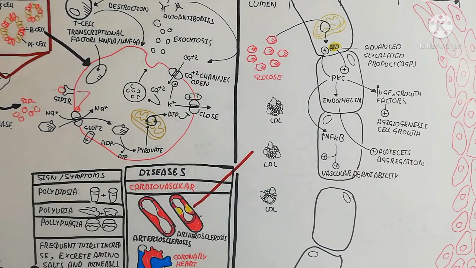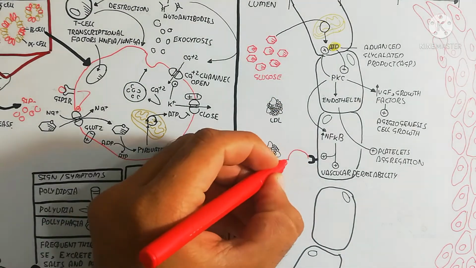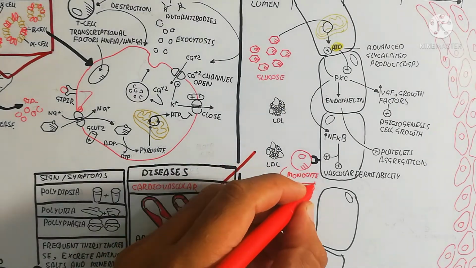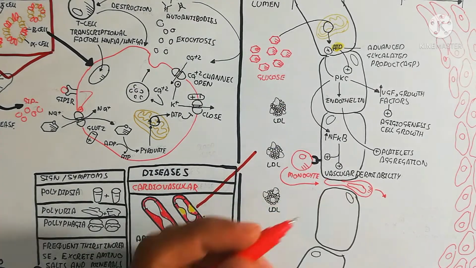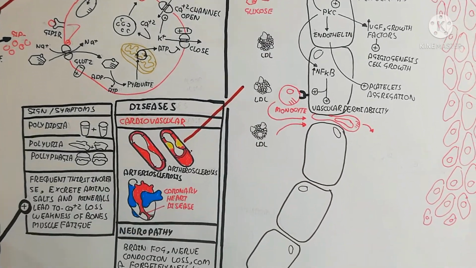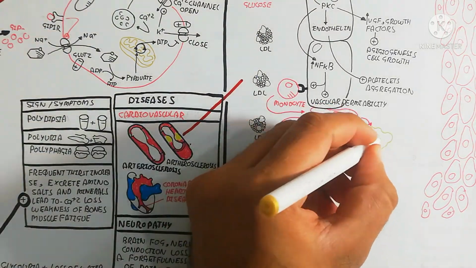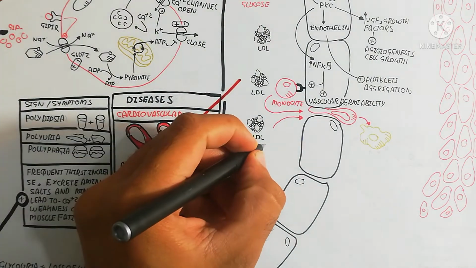Here you can see another thing. The LDL will enter, but the important thing is that the permeability will be increased due to vascular permeability through nuclear factor kappa B, and this will lead to more monocytes going inside, as well as low density lipoprotein, due to the increase of inflammation.